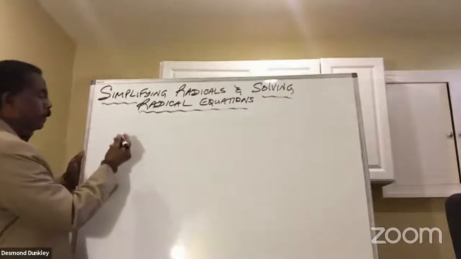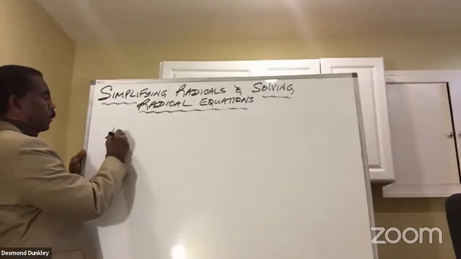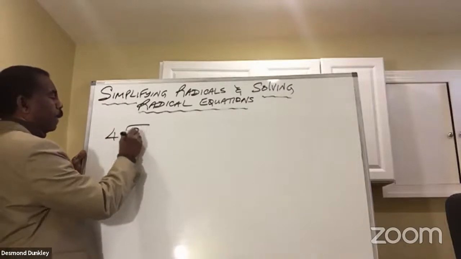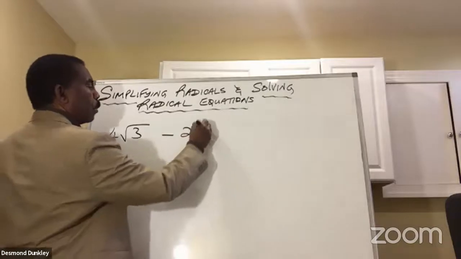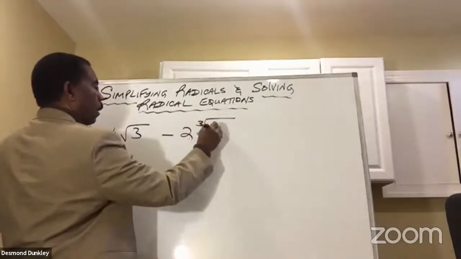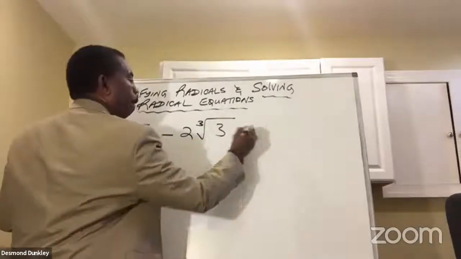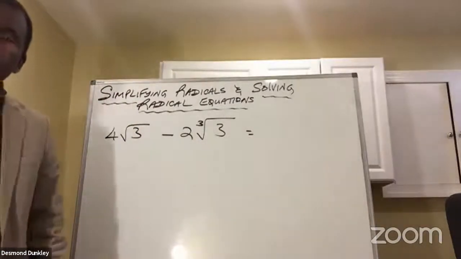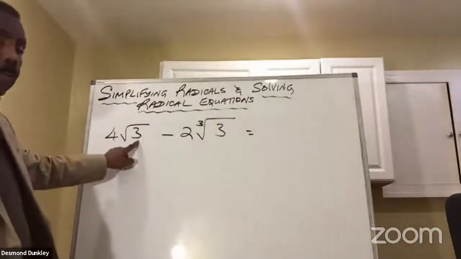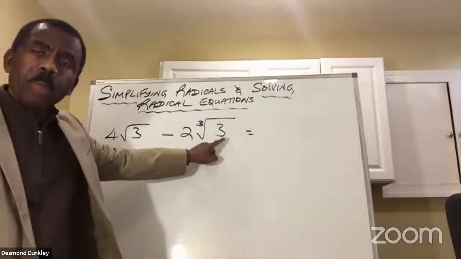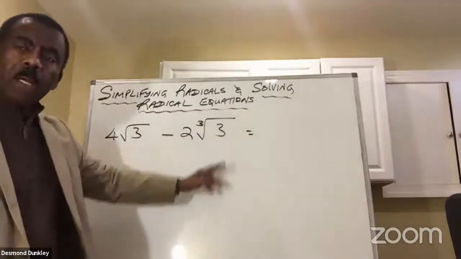Okay, so if I gave you 4 square root of 3 minus 2 cube root of 3, what is that equal to? Well, take a look. The radicand is the same. What is inside the radical is 3 and 3.